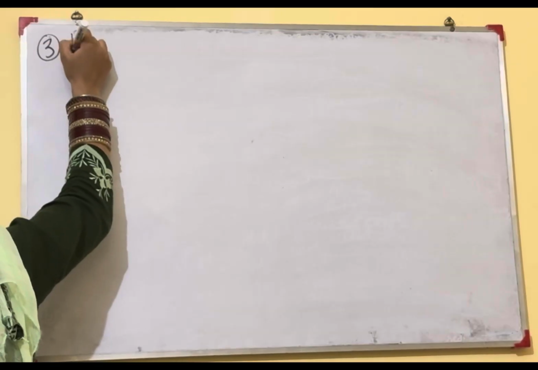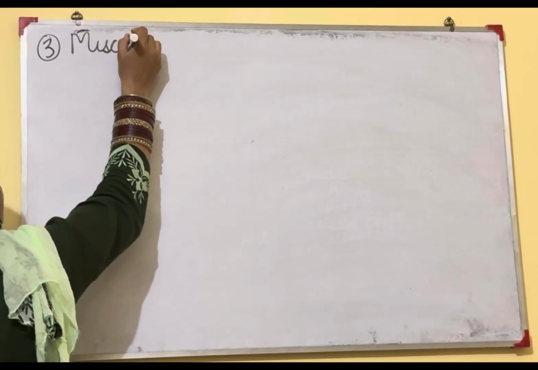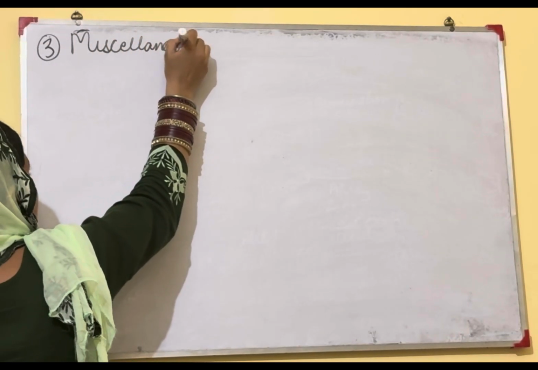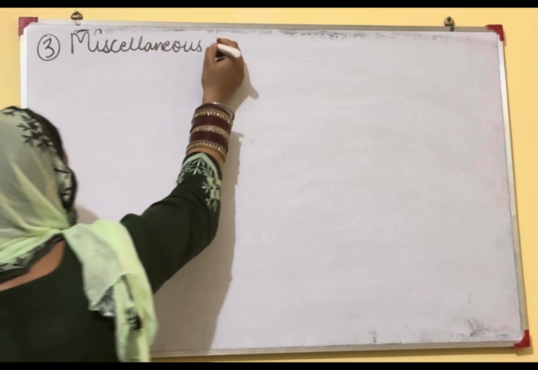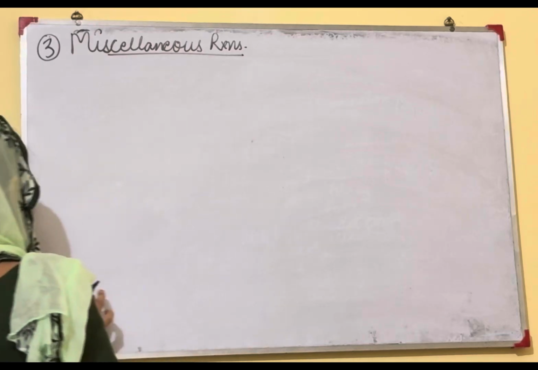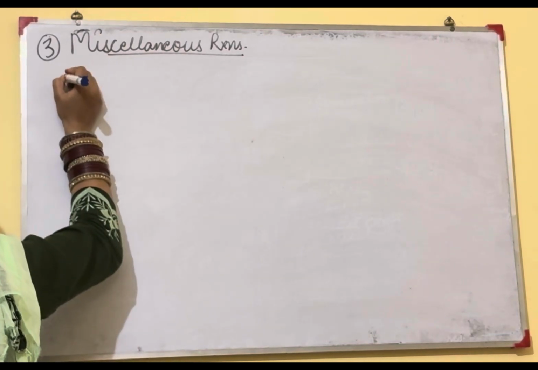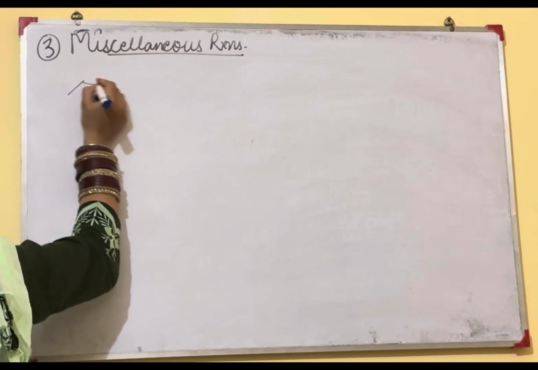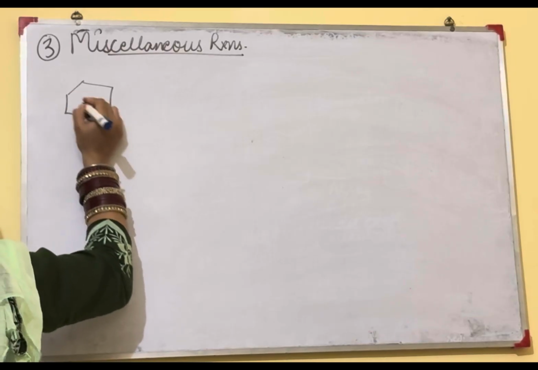Third one is miscellaneous reactions of haloarenes. Now in this case, we will discuss certain reactions of haloarenes.